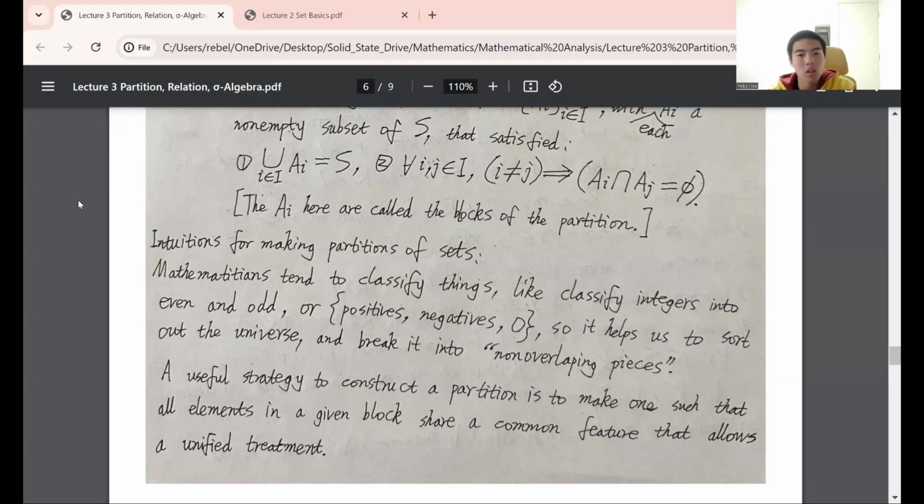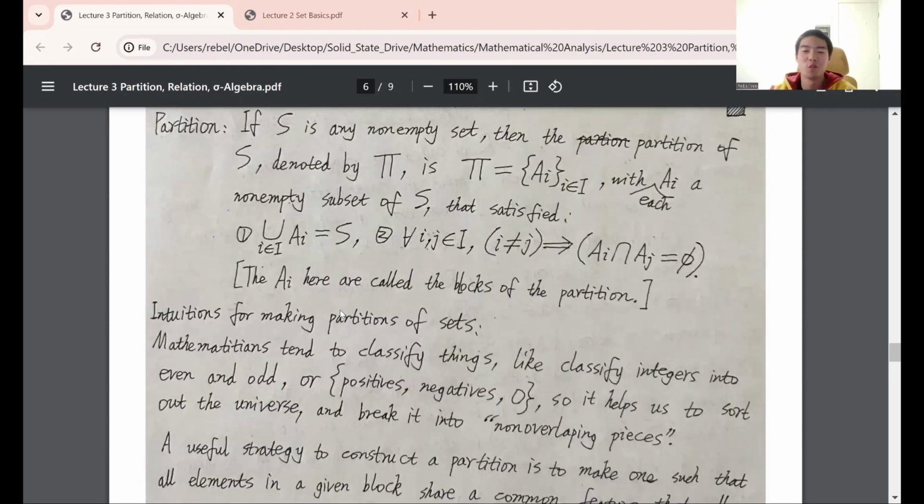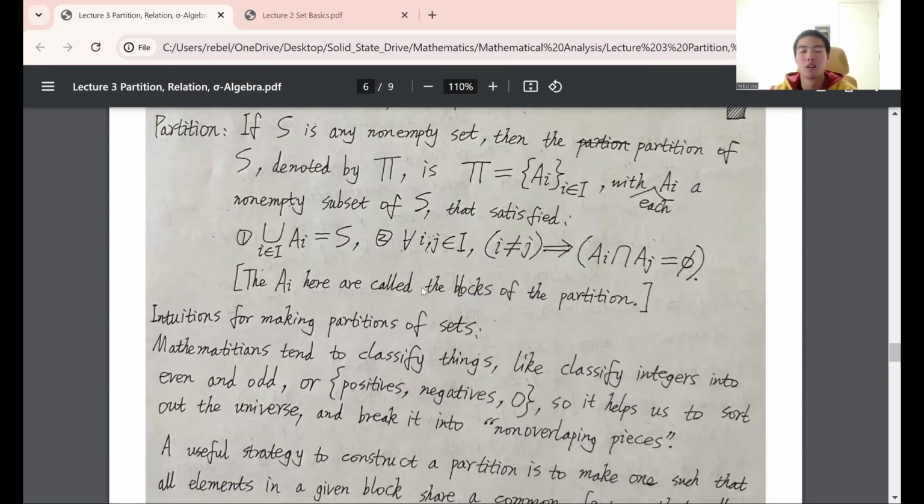Okay. And usually we'll introduce a useful strategy to do partition, which is to make it such that all elements in a given block share a common feature. Yeah, that's important. So if you want to do a partition that's meaningful, you want to separate the positive numbers, they all have common features.